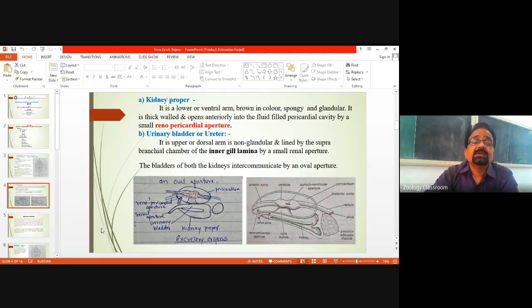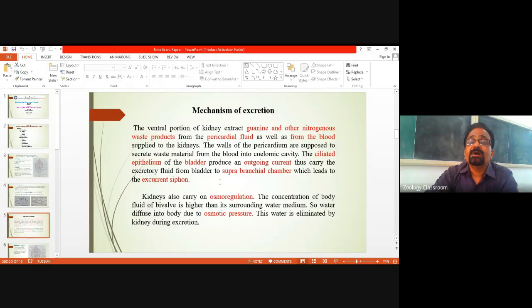This ciliated epithelium of the bladder develops the outgoing current, thus carrying the excretory fluid from the bladder to the suprabranchial chamber, and from the suprabranchial chamber it leads to the excurrent siphon. So thus here the excretory products are released into the water.